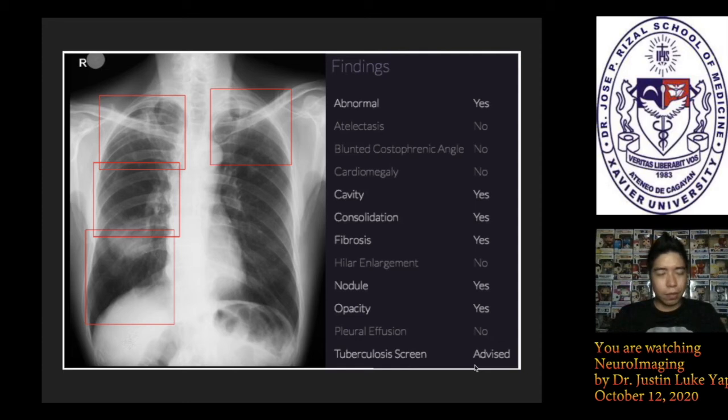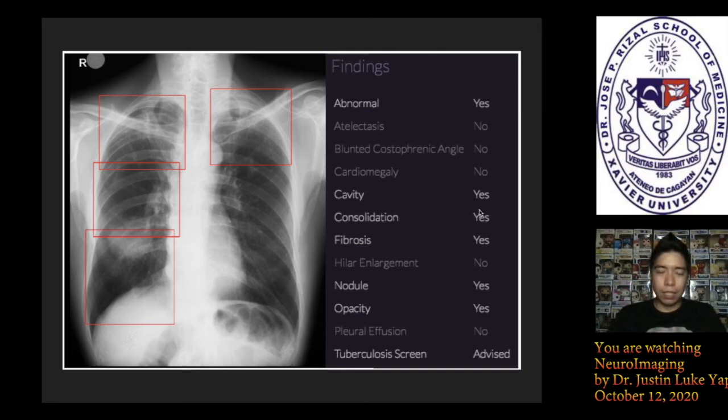The conclusion of my study is basically that this software is able to identify these findings at a high rate. It's actually very close to human. I pitted the AI software against three of our senior consultants, and more or less the results are equal.